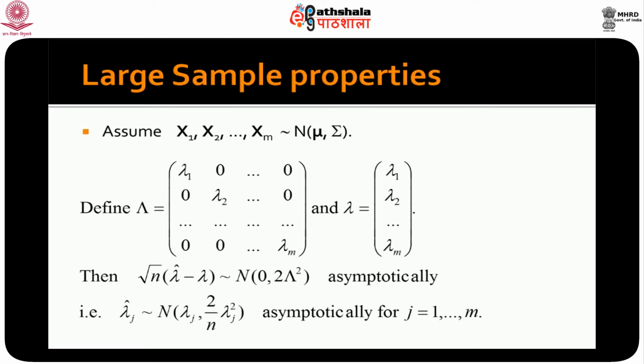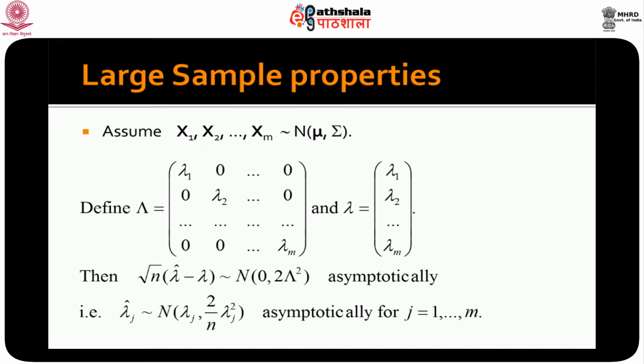Okay. Now we can show that root n times lambda hat minus lambda is asymptotically normal with mean 0 and variance twice capital lambda square. So what does this mean? It means that if we have a very large sample, then the sample eigenvalues tend to the normal distribution and it has population eigenvalues as its mean, and the variance turns out to be 2 by n lambda square, which is capital lambda square.